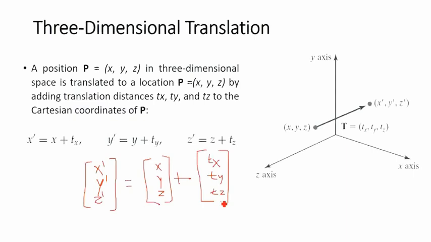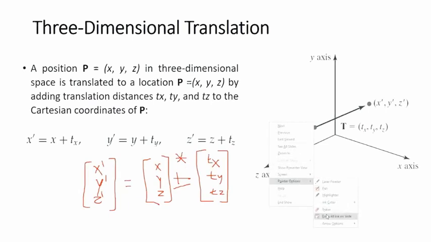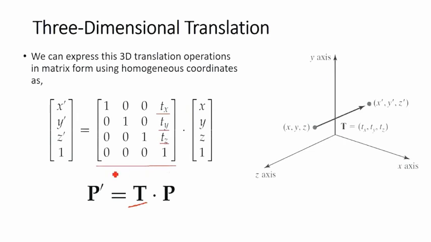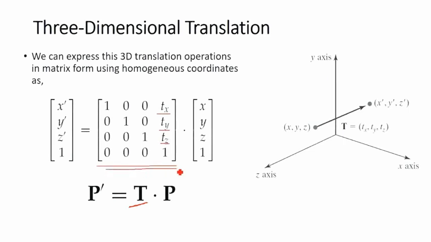It would be simpler for us to derive a single matrix if we represent everything in terms of matrix multiplications. Now apart from translation, every other transformation matrix needs multiplication to achieve that transformation, but translation can also be achieved using addition. To avoid this addition and to represent this operation in terms of multiplication, we go for homogeneous coordinate representation, and therefore the homogeneous representation of the translation matrix looks like this.